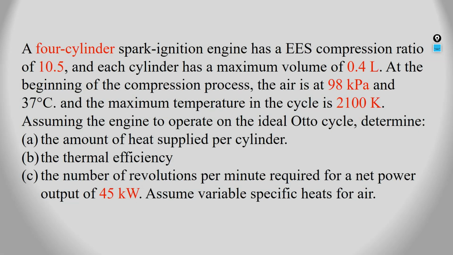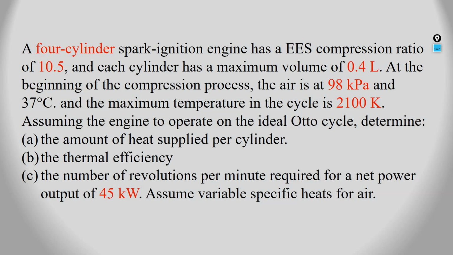Let's read it out first. A four-cylinder spark ignition engine has a compression ratio of 10.5, and each cylinder has a maximum volume of 0.4 liter. At the beginning of the compression process, the air is at 98 kilopascal and 37 degrees Celsius, and the maximum temperature in the cycle is 2100 Kelvin.